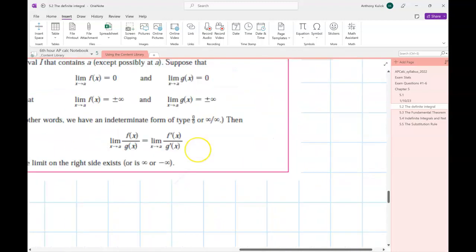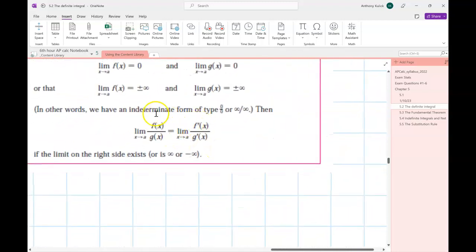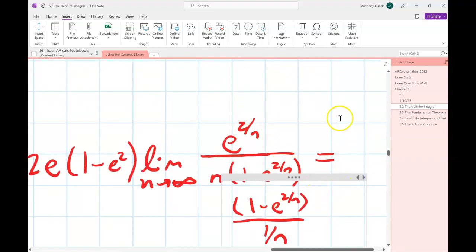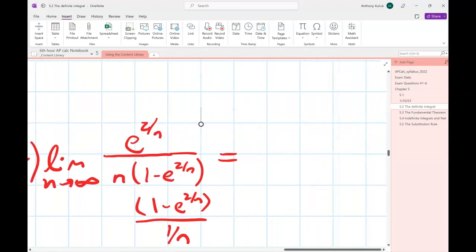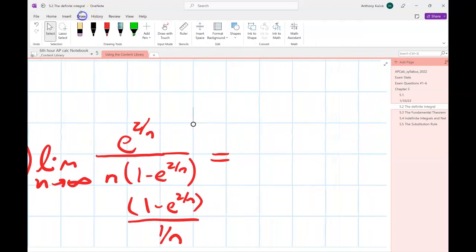So L'Hopital works if you have an indeterminate form and you have an f of x over a g of x. It has to be written as a fraction. So that's all I'm doing there. So I can do my L'Hopital on it.